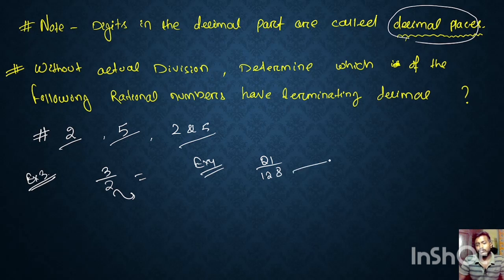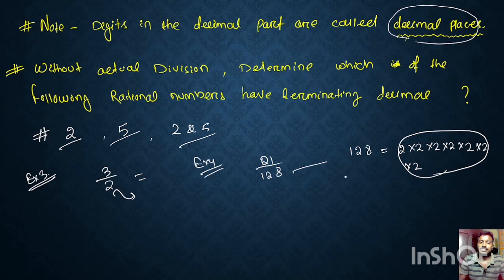Here the denominator is 128. First convert into prime factorization: we can write 128 as 2 into 2 into 2 into 2 into 2 into 2 into 2. This is a product of 2. That's why this is a terminating decimal representation. Understand?